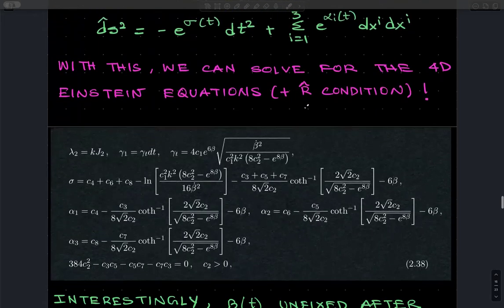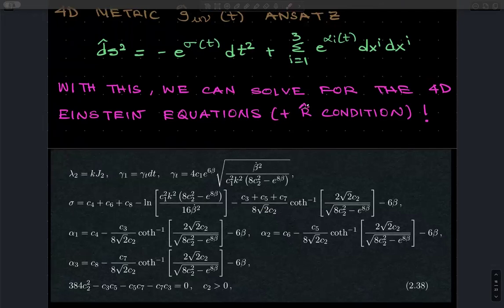When we solve this system, we get this messy result. Of course, these alpha 1, alpha 2 and alpha 3 can be made the same. For example, if we choose the constants C4, C6, and C8 to be the same alongside C3, C5, and C7, then you can have an isotropic case.